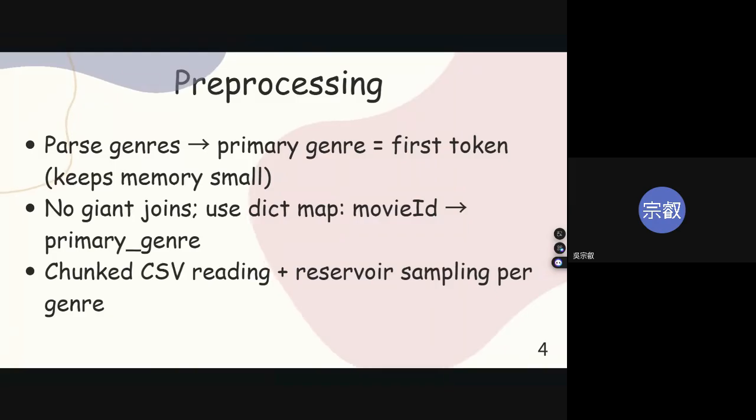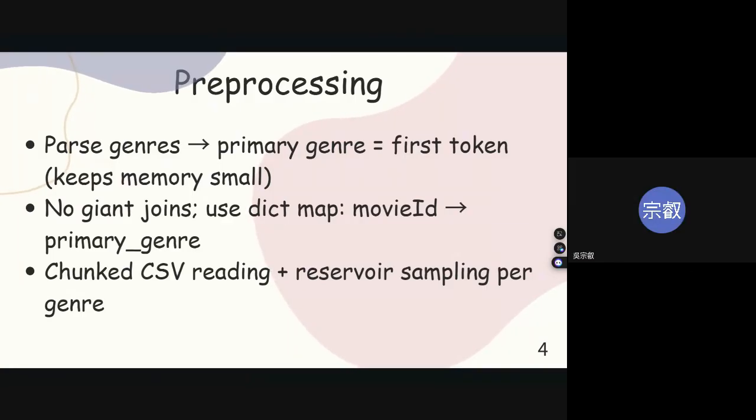To stay within memory limits and keep things fast, we parse genres and keep only the primary genre, the first token, so we don't blow up the table. We avoid giant joins by using a dictionary map from movie ID to primary genre, which lets us look up genres in time.